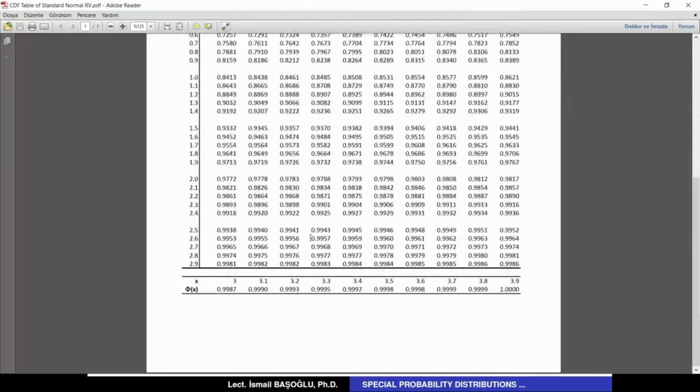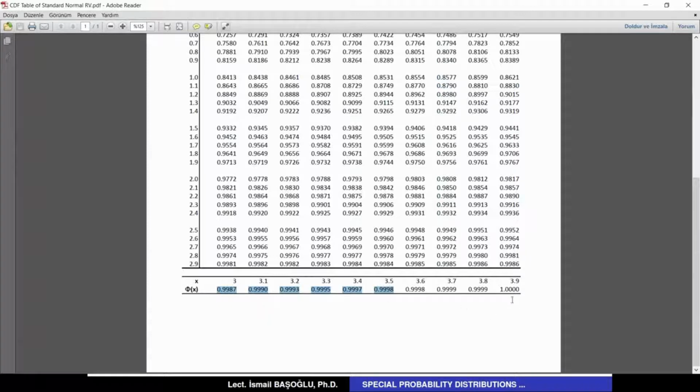And another thing about this table, after 2.99, the convergence becomes very significant, and the cumulative probability gets very close to 1. However, if somebody asks you a cumulative probability for any point that is greater than 3, still the answers are here. Even though the values are very close to 1, you can still answer these questions.